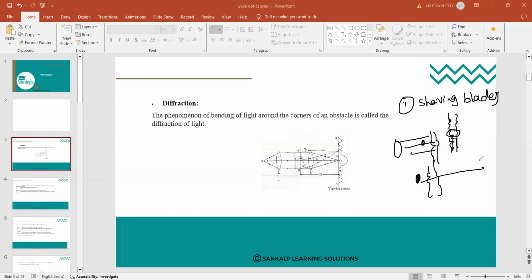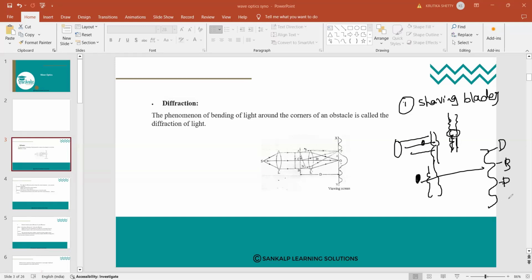So you will get alternate dark and bright fringes. Here waves are seen, with a dark line and a bright line, and the color depends on which source you use. So alternate dark and bright bands are seen when we look at a straight filament glass bulb through the slit.